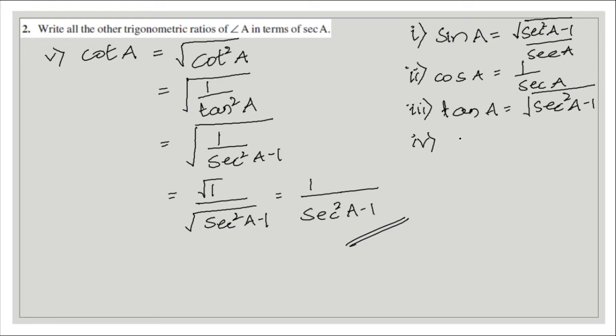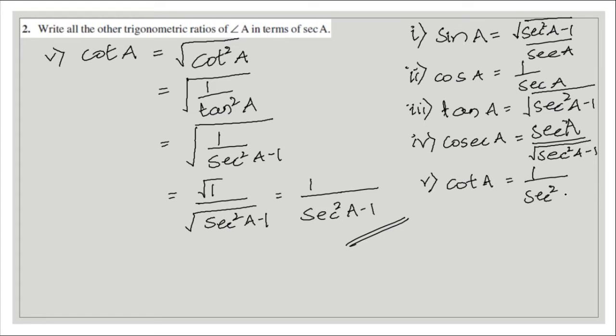Fourth one, we have expressed cosecant A as secant A divided by root of secant square A minus 1. And the last, cot A, we have expressed as 1 upon root of secant square A minus 1. This is how we get the conversion.